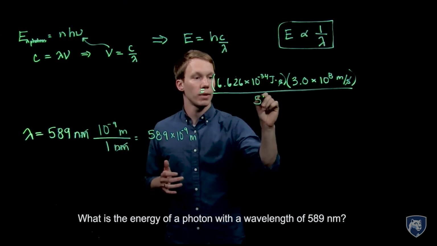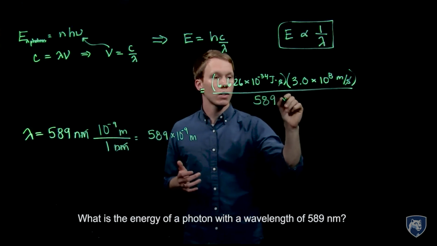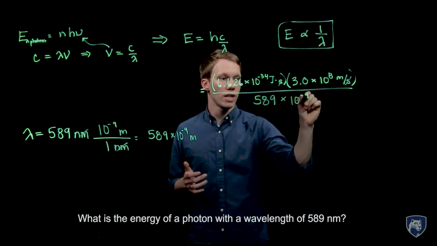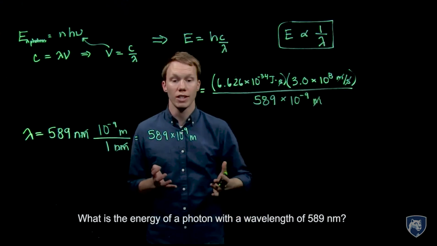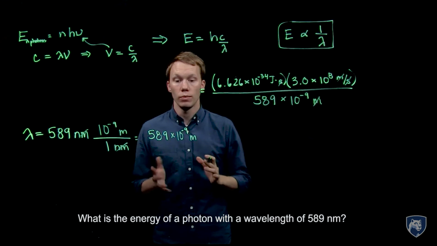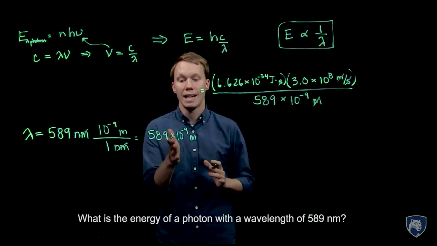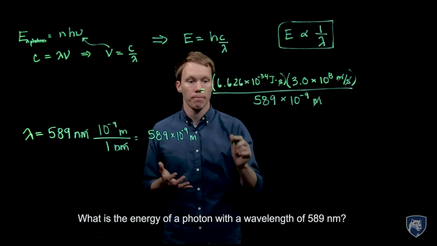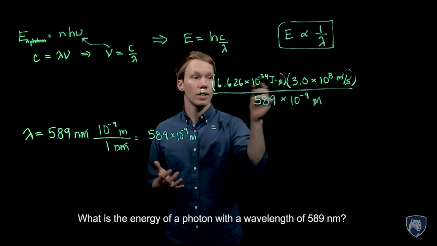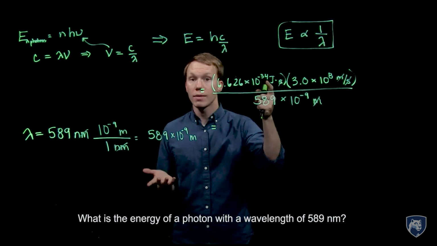And I can go ahead and plug that in here. This isn't correctly reported in scientific notation, which is completely fine because I'm just going to use this number in a calculation. So we could write it as 5.89 times 10 to the negative 7th. It doesn't really matter for the purposes here. If I calculate this out, we could approximate my magnitude again.